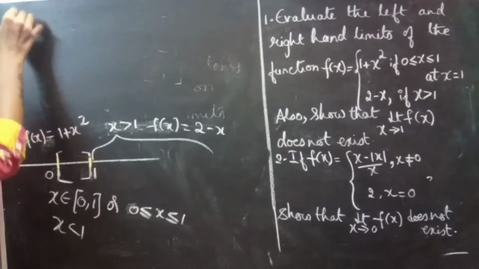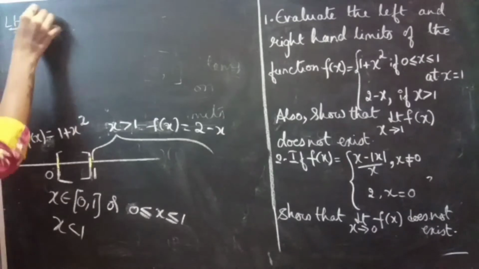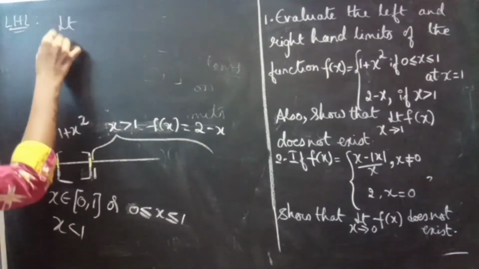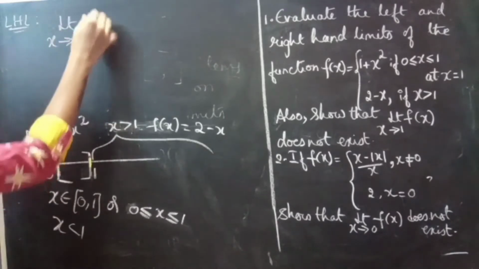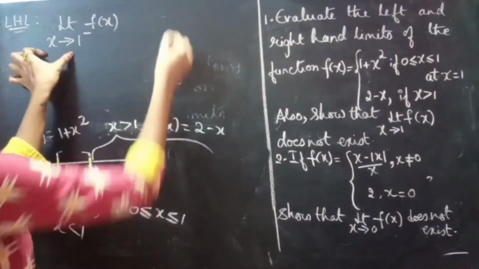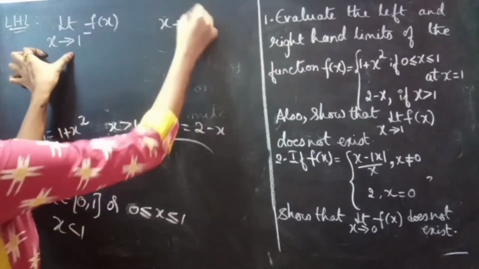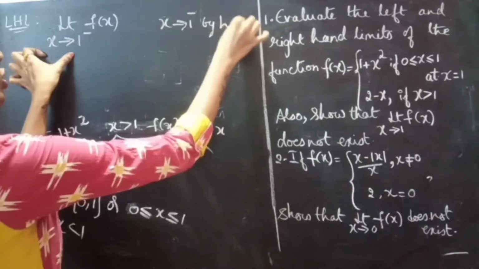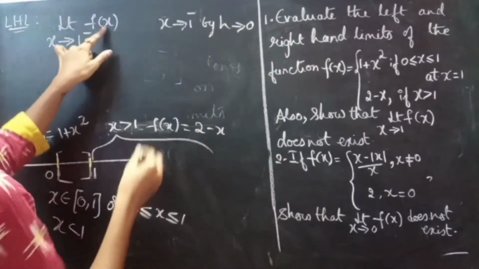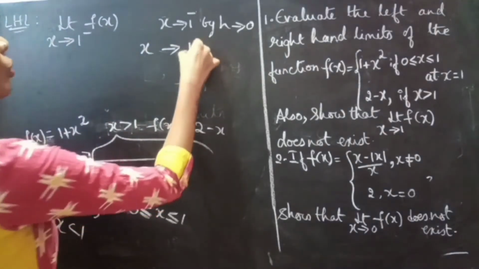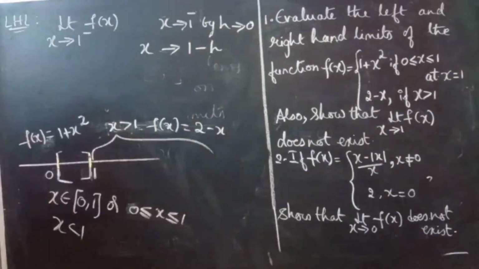Now we will simplify LHL, left hand limit, that is limit x tends to 1 minus f of x. So now we'll replace limit x tends to 1 minus with h tends to 0, and we'll replace this x with 1 minus h.